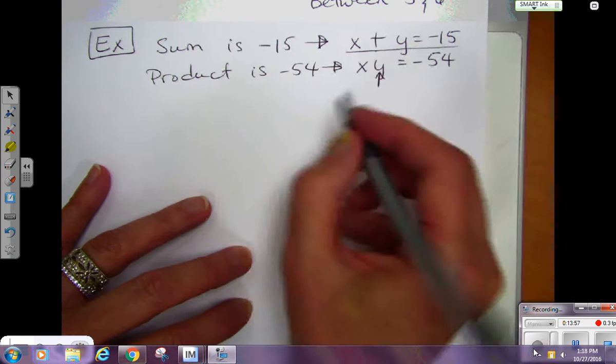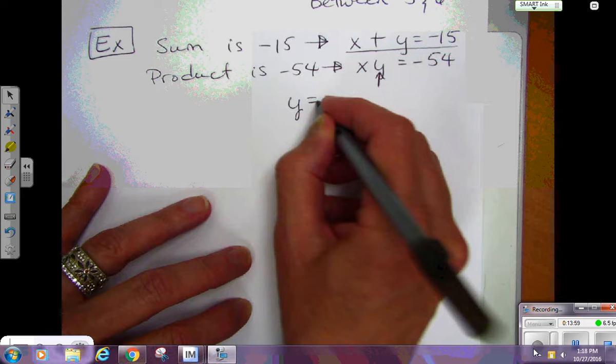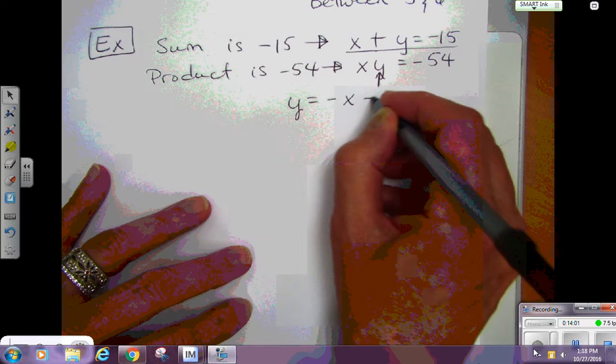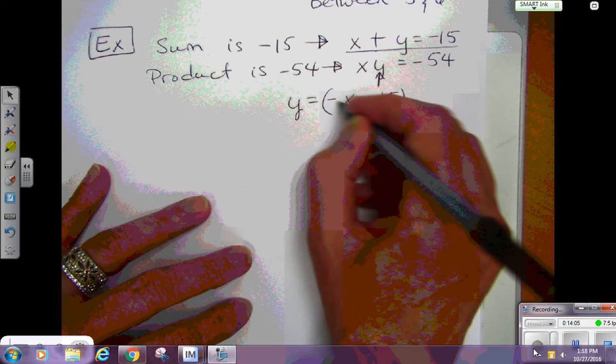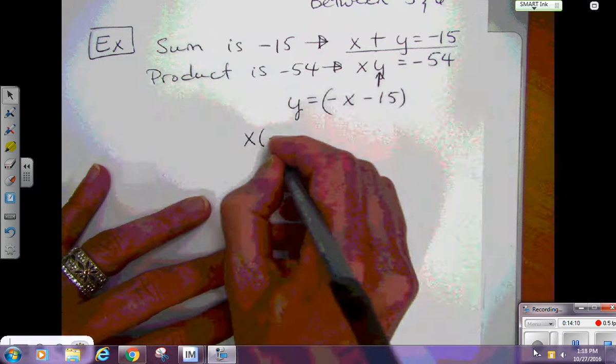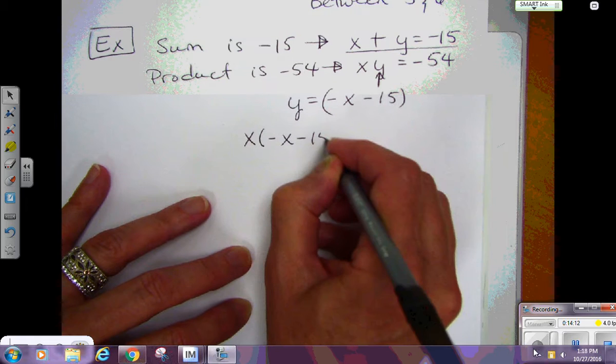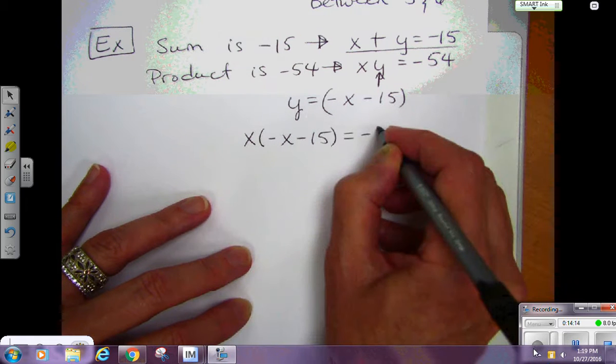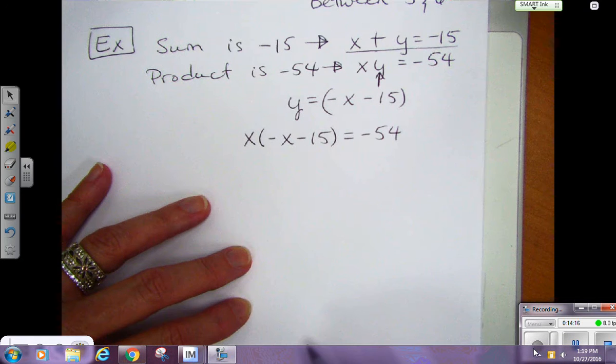I'm going to take this value and plug it into my product. So x times -x minus 15 equals -54. I'm going to distribute the x. -x squared minus 15x equals -54.